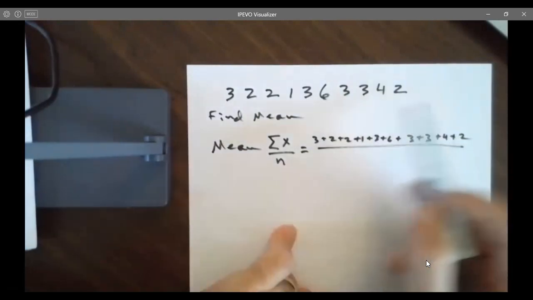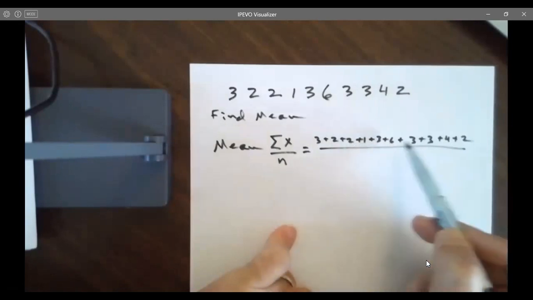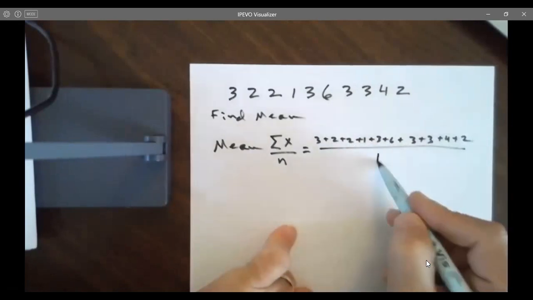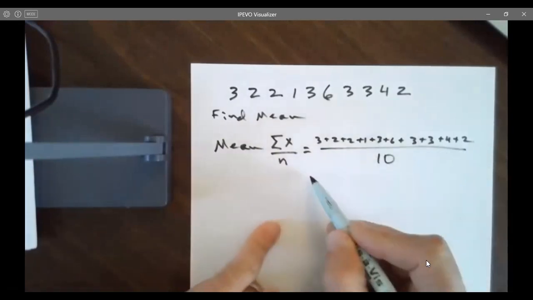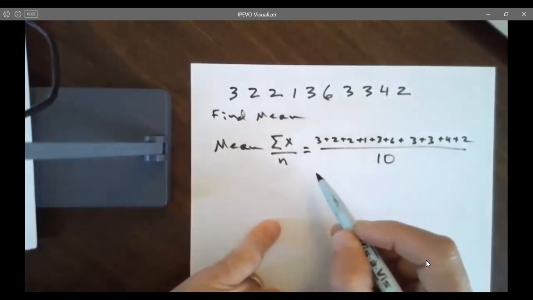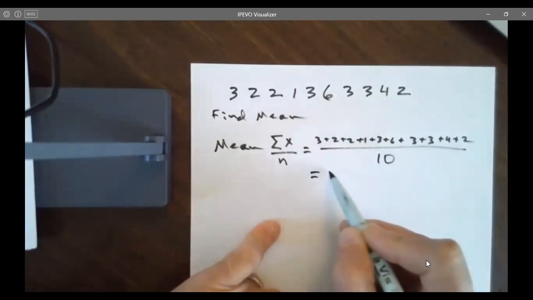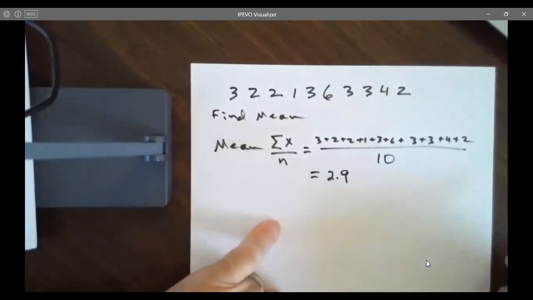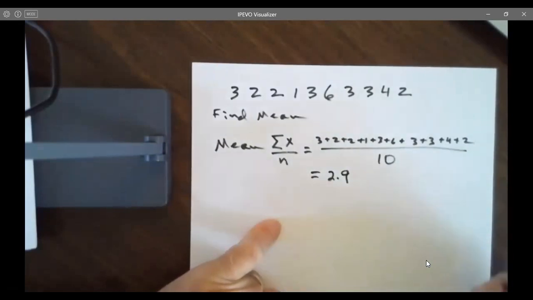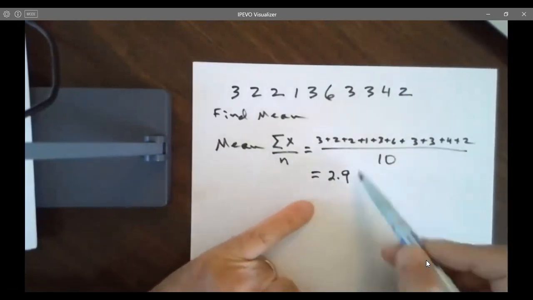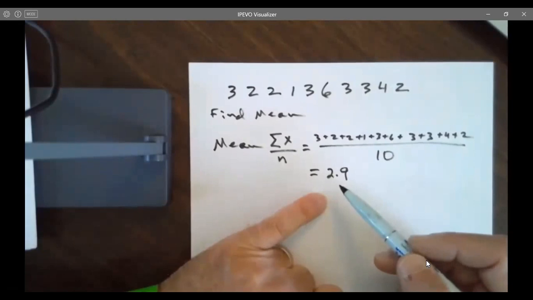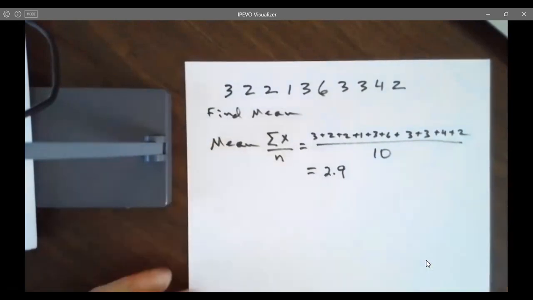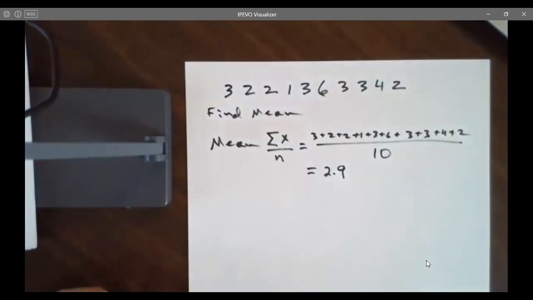And you count them: 1, 2, 3, 4, 5, 6, 7, 8, 9, 10. So n is 10, and you add all these up, and you get 2.9. And so 2.9 is your average number of siblings per student. Okay, find the mean number of siblings.